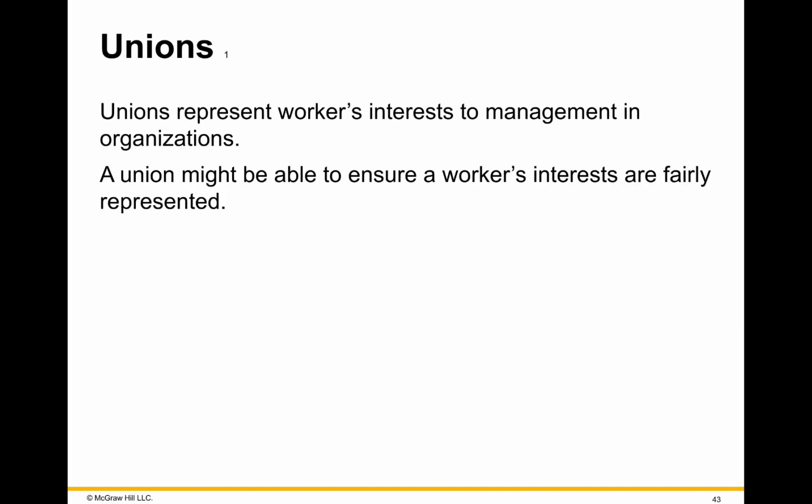If managers have a good relationship with labor unions, normally they have fewer problems. A union is a group of workers that represents the workers' interests in the organization. The union makes sure that the employees' interests are fairly represented and fairly provided by the organization.